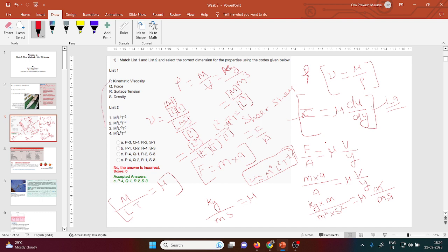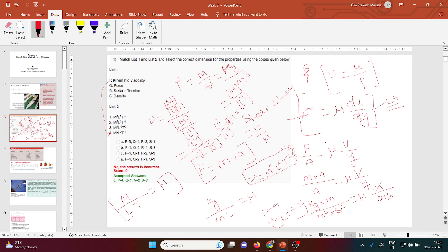Similarly for force, you know force is equal to mass into acceleration. So this is MLT minus 2, you know already. M for the mass, and L T minus 2 is acceleration, meter per second square. So option C is correct for this question. Similarly you follow all these things.